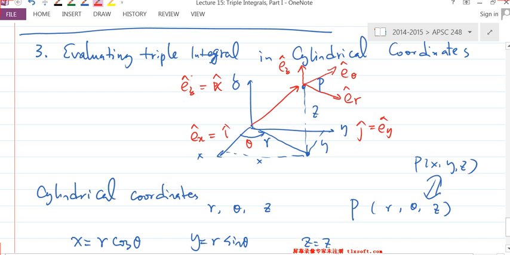So this is just a side note. I'm not going to test you on anything here, but what you can bear in mind at this stage is that you can construct completely different coordinate systems. This is x, y, z, and this is r, theta, z, right? So there are two completely different coordinate systems.